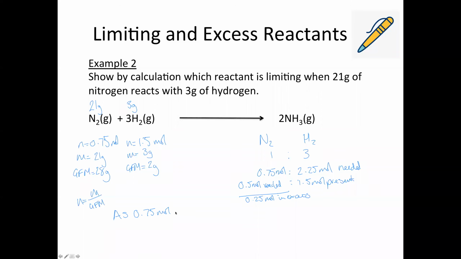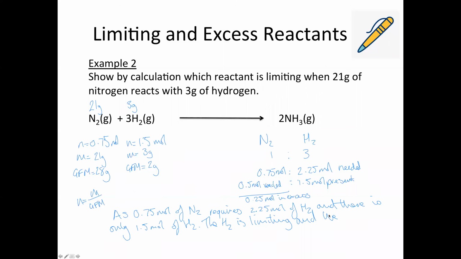Okay, so then again you would write a sentence along the lines of, as 0.75 moles of N2 requires 2.25 mole of hydrogen, and there is only 1.5 mole of hydrogen, the H2 hydrogen is limiting and the nitrogen is in excess by 0.25 mole.